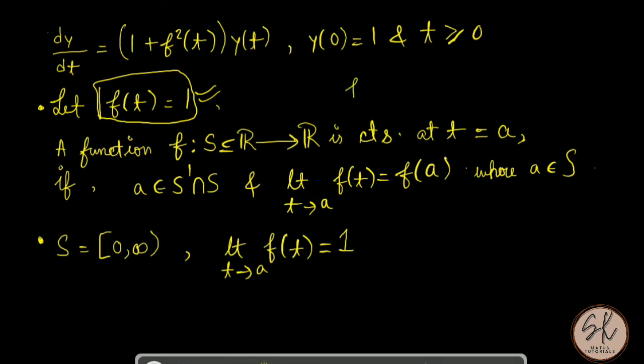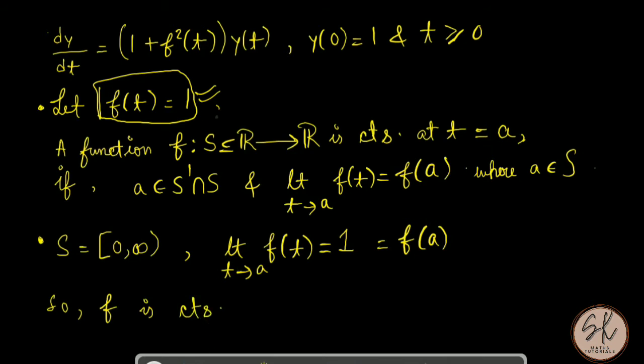If it was f of t is equal to t, then at t is equal to a, the limit would have been a. But this is 1, so here we will have 1 only, which is equal to f of a. Hence this is continuous. So the function f is continuous.